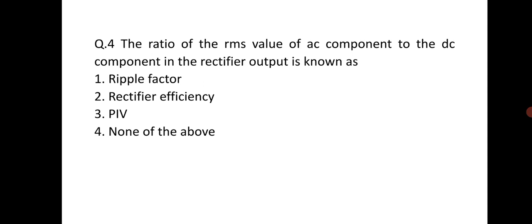Next question. The ratio of the RMS value of the AC component to the DC component in the rectifier output is known as ripple factor. The second option is rectifier efficiency. Third, peak inverse voltage. The fourth option, none of the above. So the correct option is ripple factor.